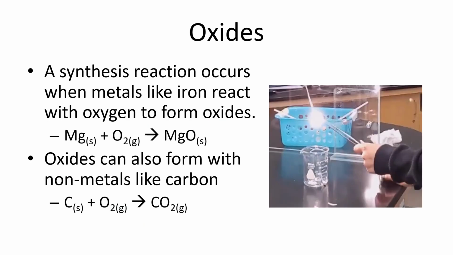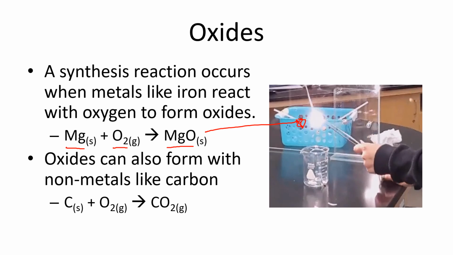So since our atmosphere has lots of oxygen in it, and oxygen's pretty reactive, oxides are a pretty common substance that forms naturally or can be formed on purpose for various reasons. And so what happens is that metals can react with oxygen to give you metal oxides, like this magnesium that's reacting here.